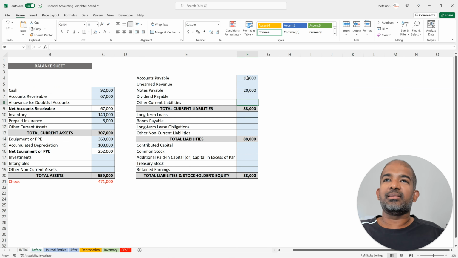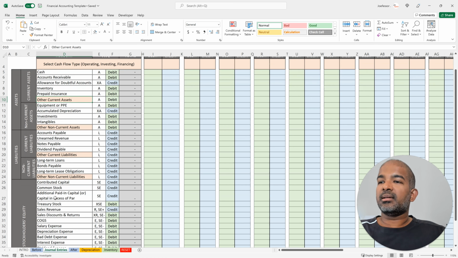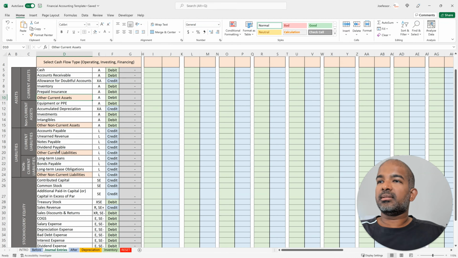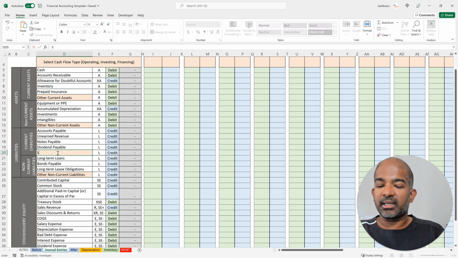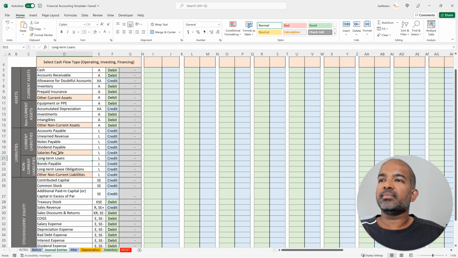For that, I'm going to rename the other current liabilities account as salaries payable. Let me get there. Other current liabilities, I'm going to rename that as salaries payable.